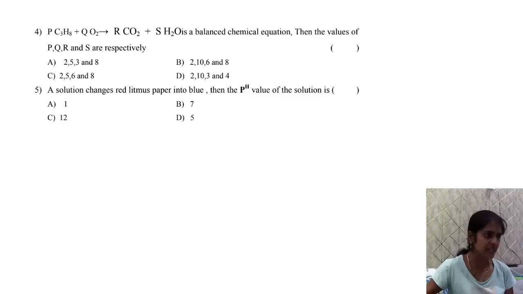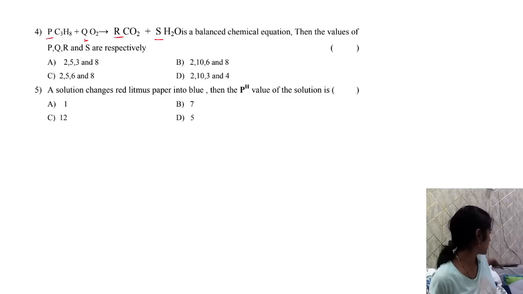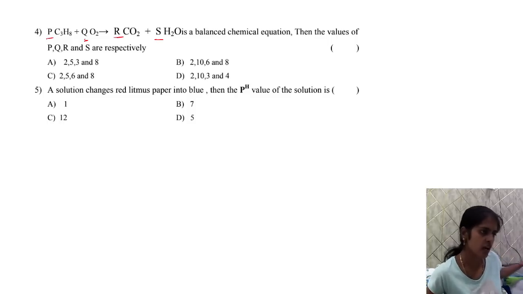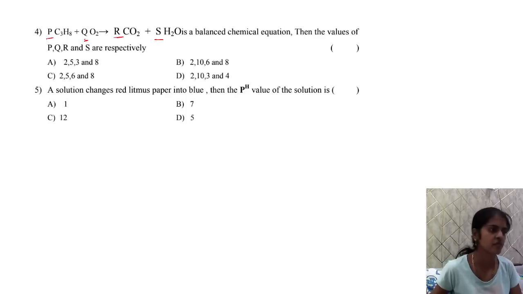P C3H8 plus Q O2 gives rise to R CO2 plus S H2O is a balanced chemical equation. Then we want the values of P, Q, R, S. So how do we get it?